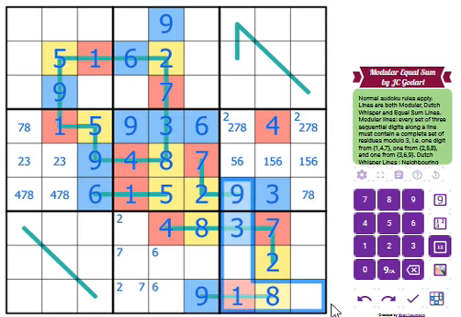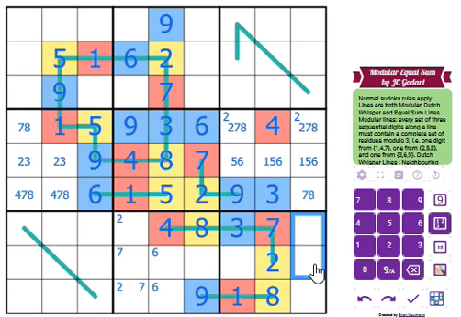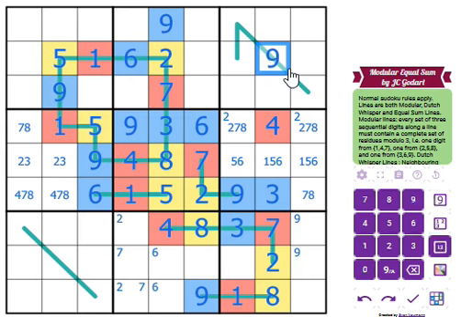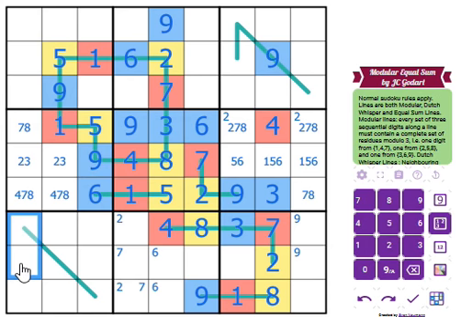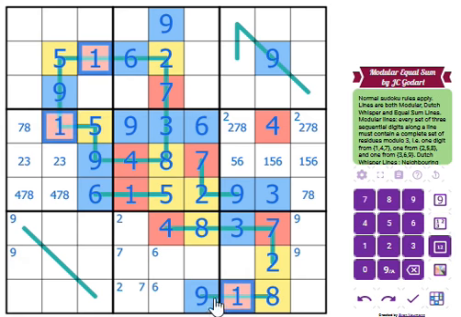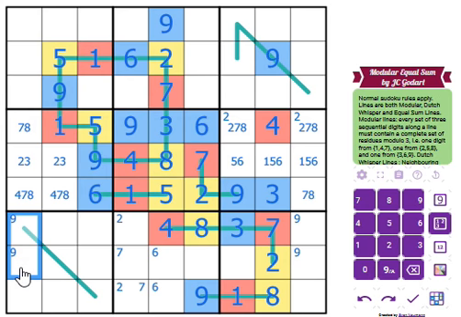So the 9 goes here, and continuing goes on the line here, and the 9 goes here, and the 1 also. 1, 9, 1, 9. So this is a 1, 9 pair.